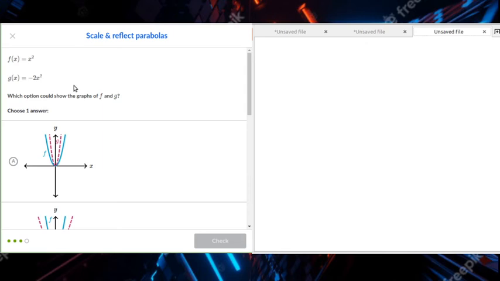Okay, so we have one more. We can see that we've got a multiplier there. We've got a scalar. So let me just remind you, y is equal to a(x minus b) plus c. A means we're scaled by some amount.